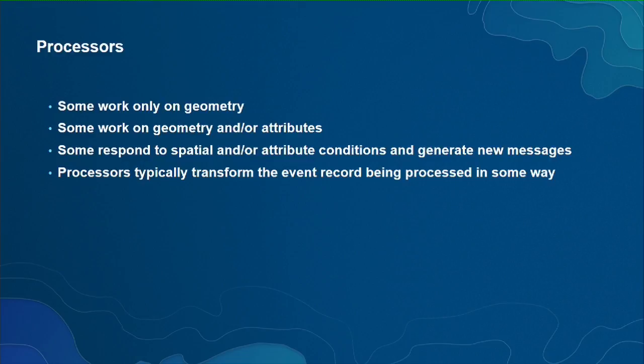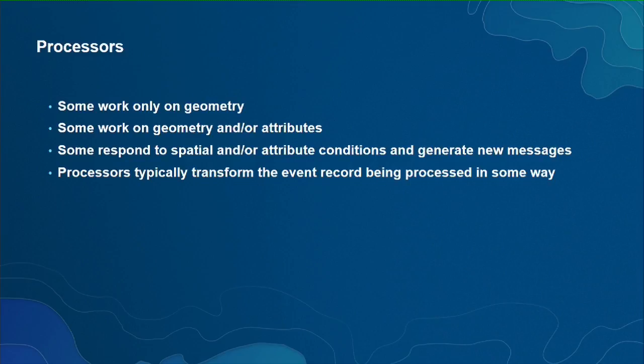So in addition to affecting the geometry, we might also write in different attributes by calculating a certain value or concatenating strings. And there are a number of advanced functions for strings, dates, numbers, etc., that you can leverage when calculating fields. Some respond to certain conditions and then generate new messages.